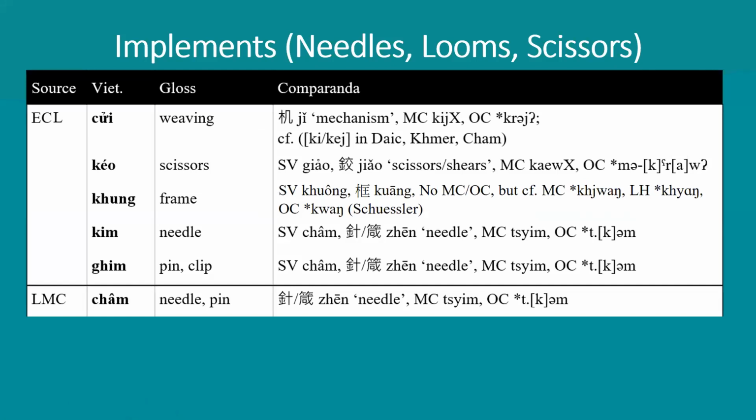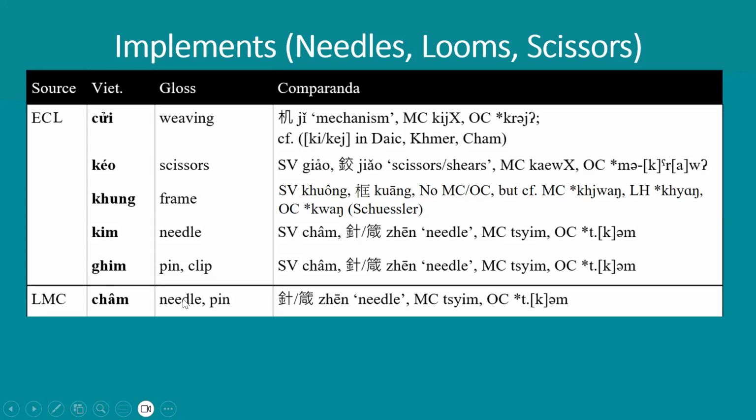Okay. All right, implements. And when I say implements, needles, looms, scissors here. And these are, again, the early Chinese loanwords and late Middle Chinese. Ironic, I don't know if it's ironic, but needle, basically this one word borrowed multiple times. This one has to be the oldest because of the onset. This is the Chinese character reading, and this is presumably somewhere in between, unless someone can find another explanation.